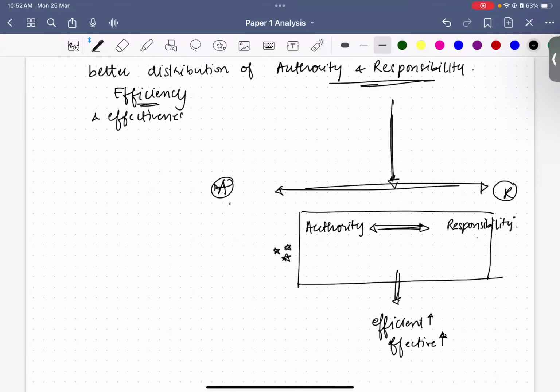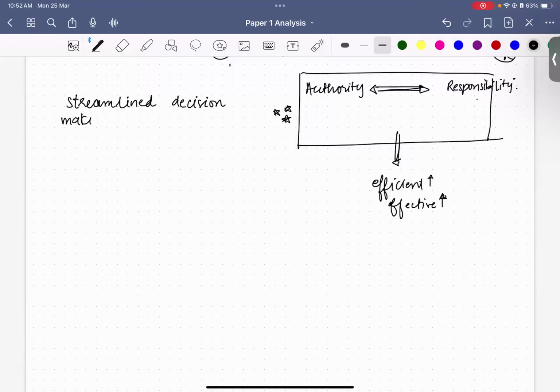Okay, how? In terms of efficiency and effectiveness, first there will be streamlined decision making, because of the decentralized approach. What else? Since lower level executives are also involved, there will be reduced bottlenecks.